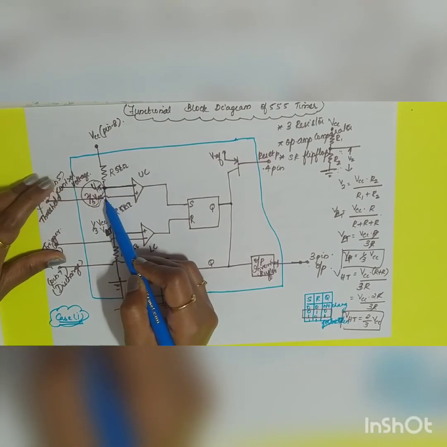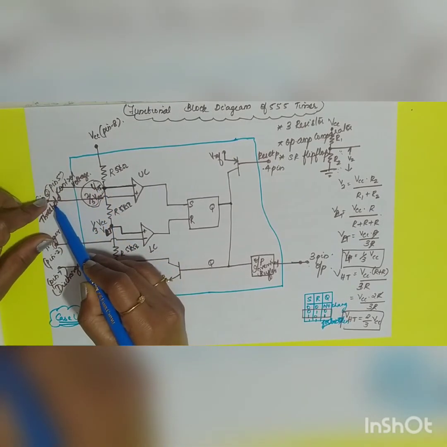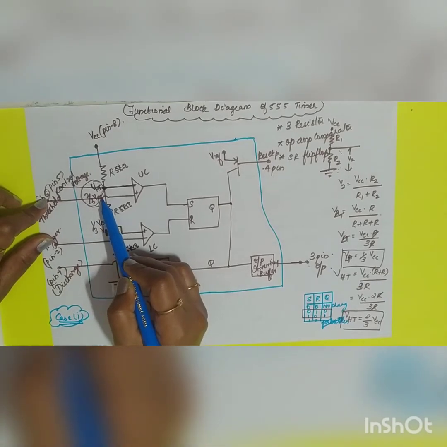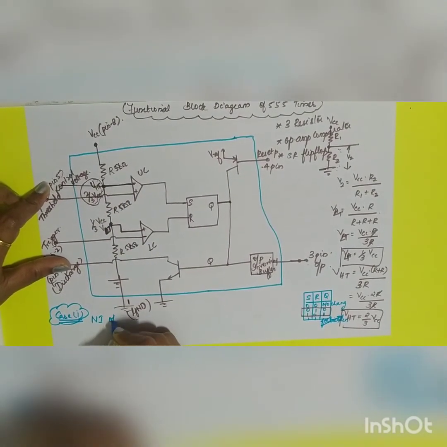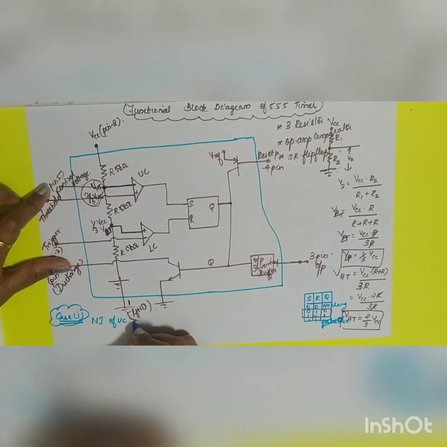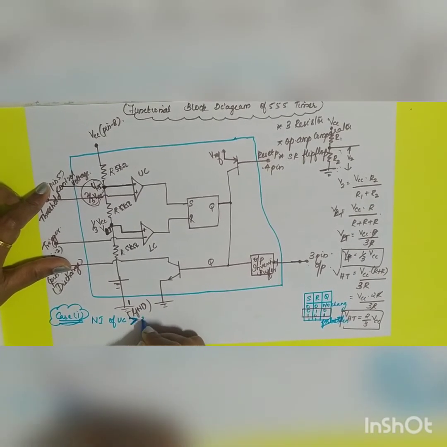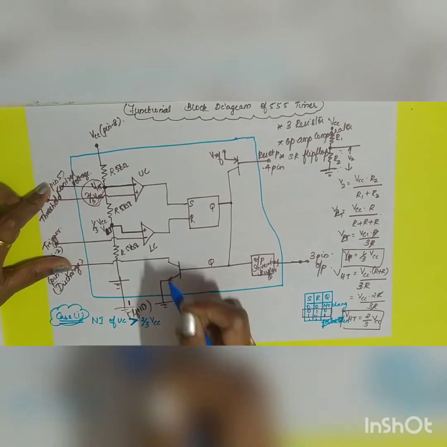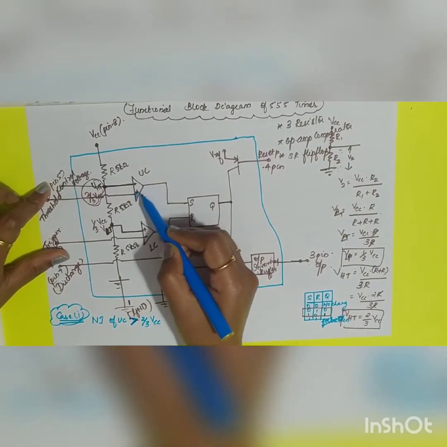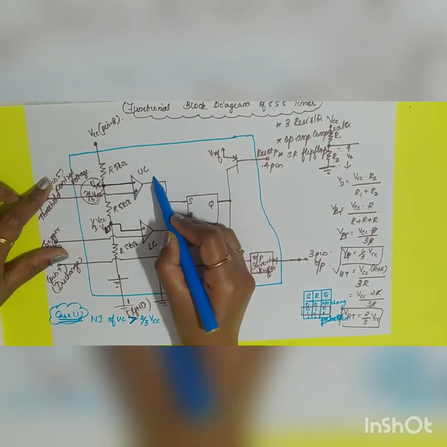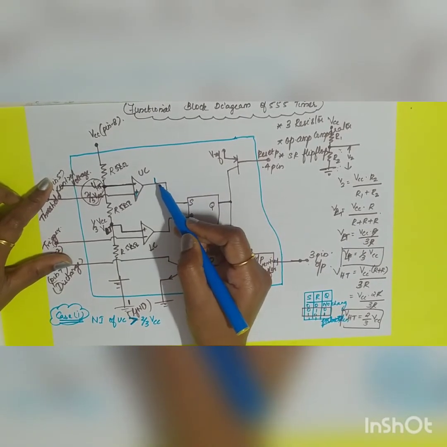When the threshold, the non-inverting terminal of your upper comparator, is greater than 2/3 VCC, what will happen to your op-amp? Its output will become 1.